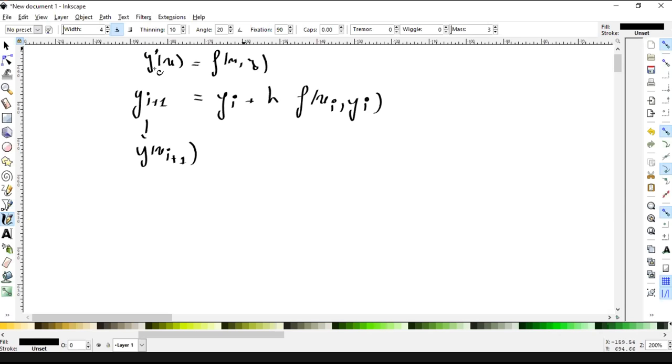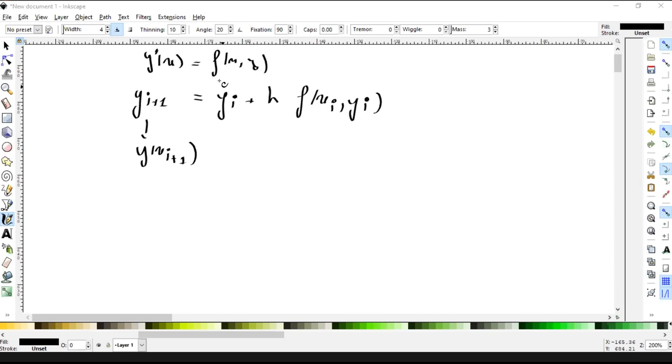So y of x_{i+1} is y_i plus the integral from x_i to x_{i+1} of f(t, y(t)) dt.